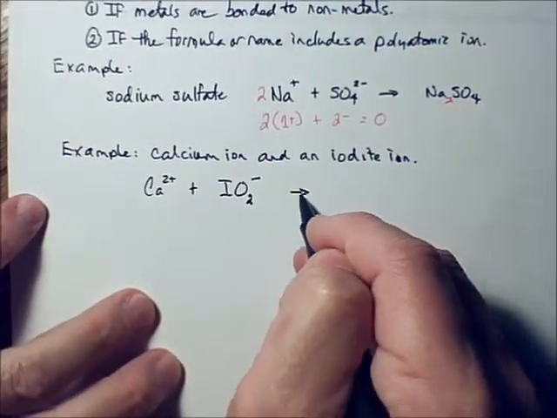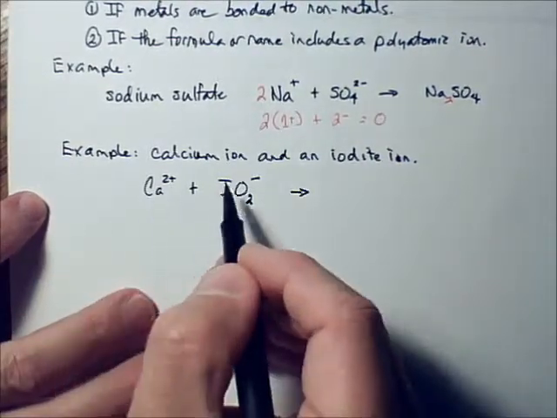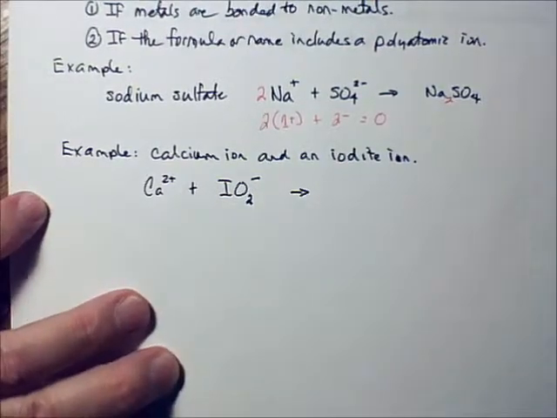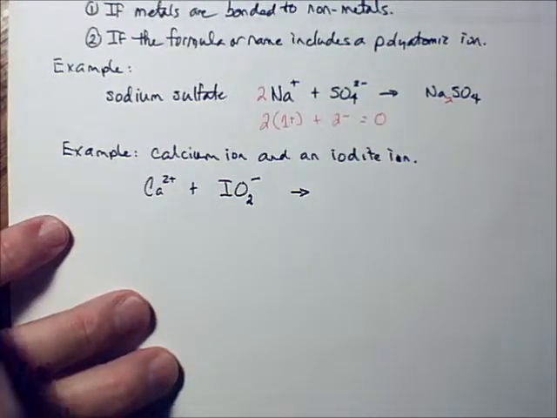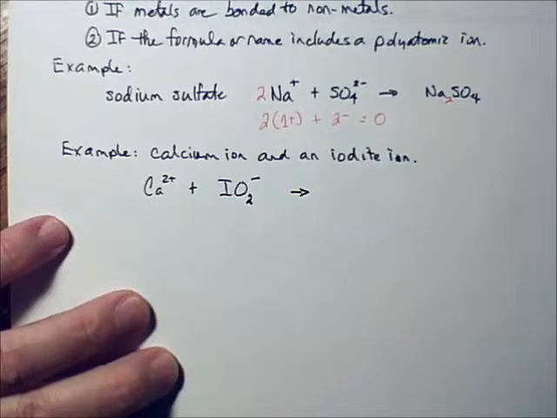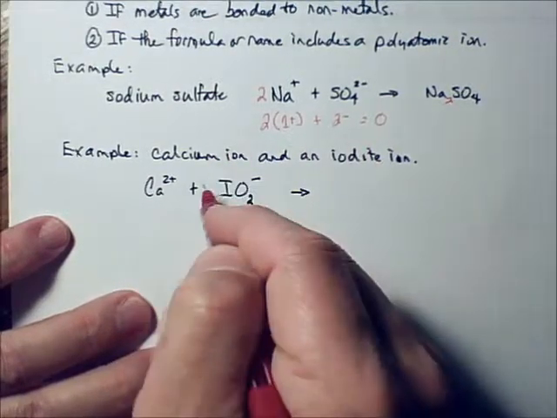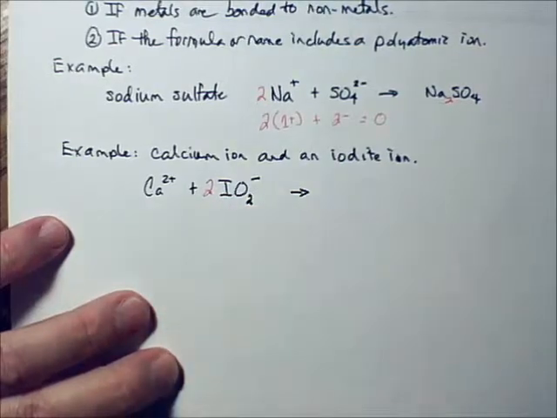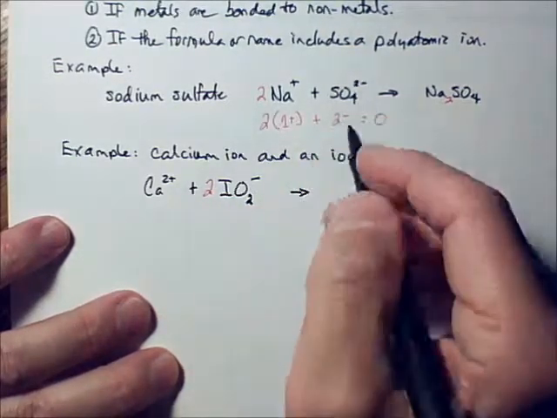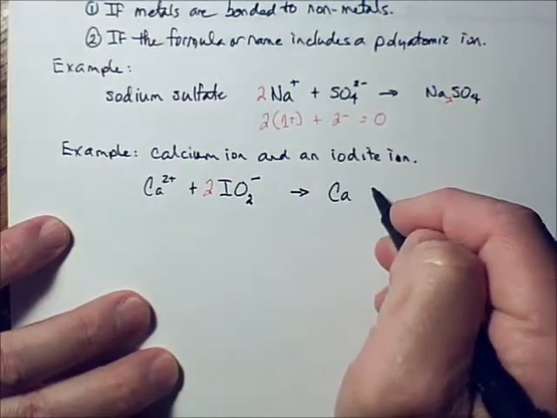Okay? Well, to make a balanced compound, how many of each ion do I need? Not iodides. Iodites. I need 2 of these. Okay? Alright, let's put this together then.